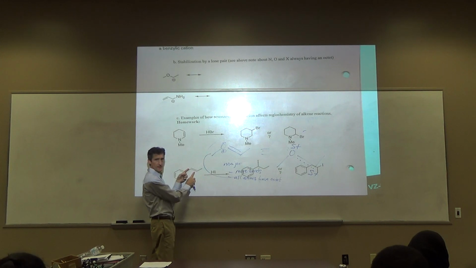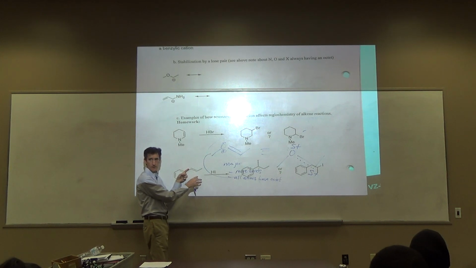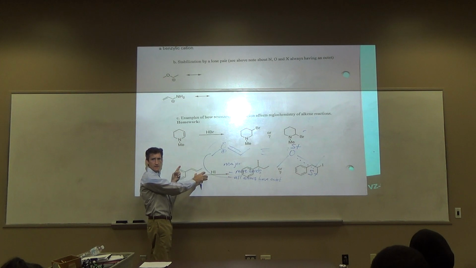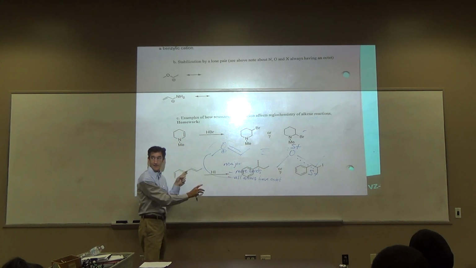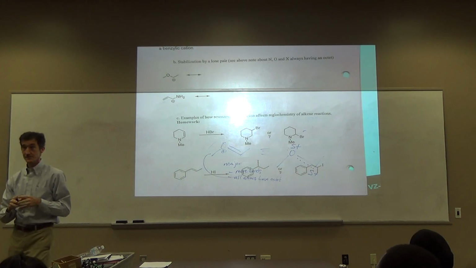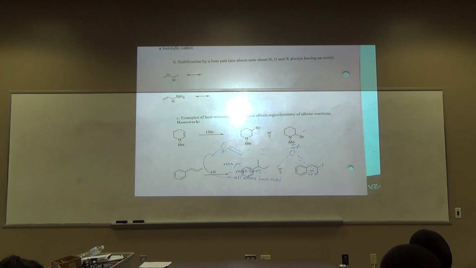Draw both possible cations and protonate. We have talked about protonating an alkene with H+ for the past month, so hopefully you can do that. That's all I'm asking you to do. Look at the cations, and you might look for resonance. Please try those. We're going to move ahead.